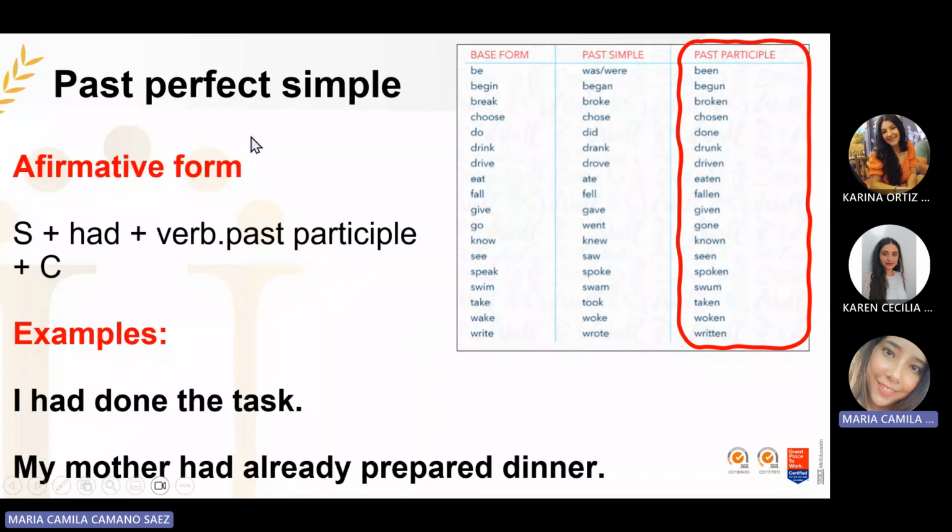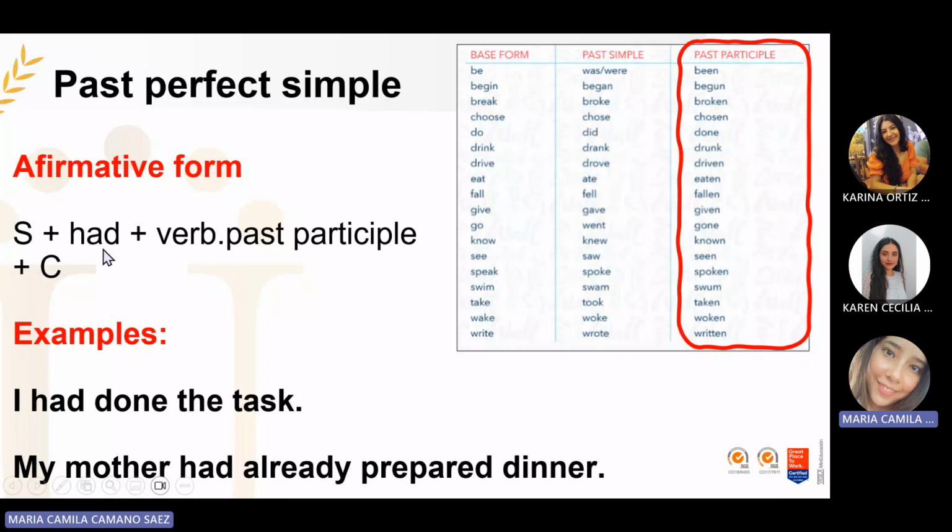So let's explain the affirmative form of this tense. As I said before, in this past perfect simple tense, we use had and the past participle form of the verbs, the third column. The first thing you have to write is the subject, then the auxiliary verb that is had.